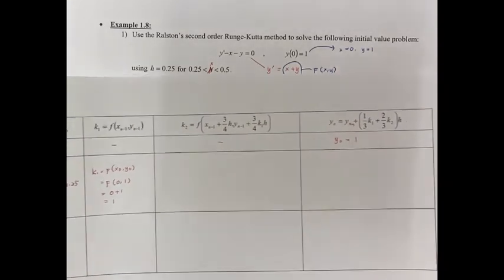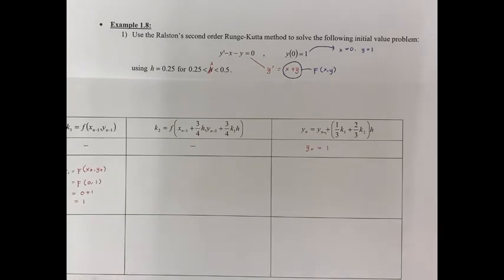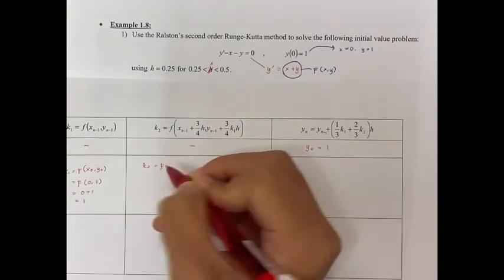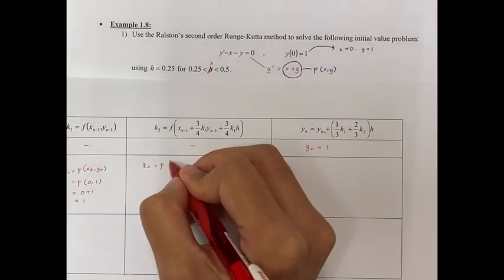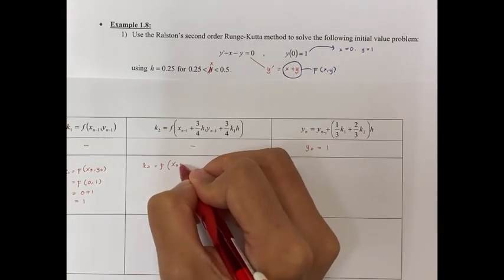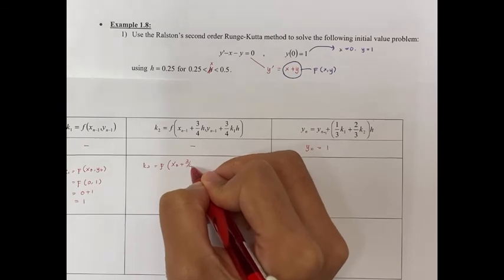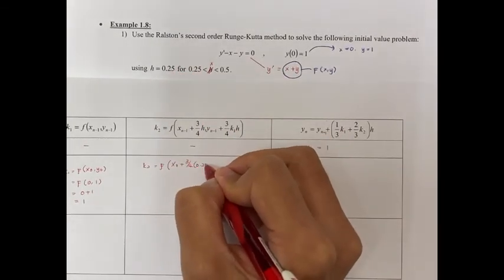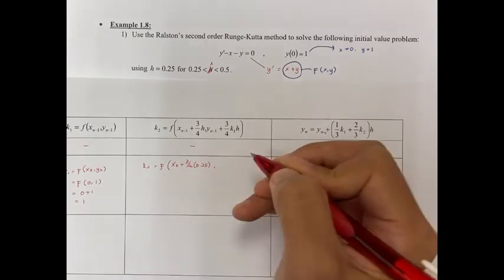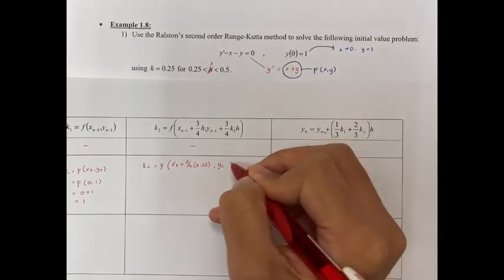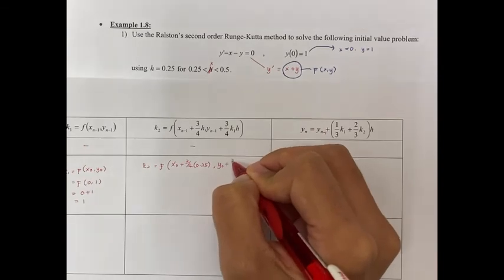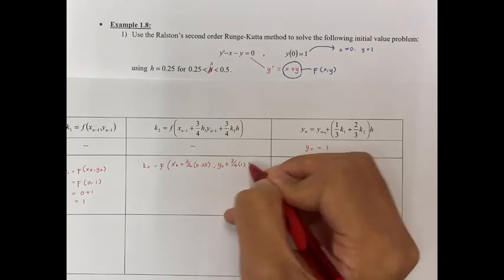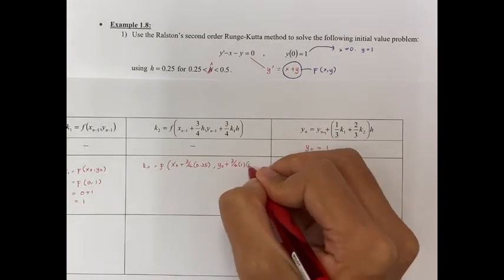Then for k2 is equal to a function of the previous x0 plus 3 over 4 h, our h is 0.25, and then for y, previous y0 plus 3 over 4 k1, k1 is 1, then h is 0.25.